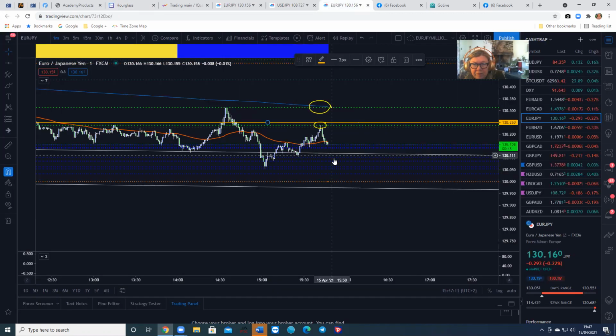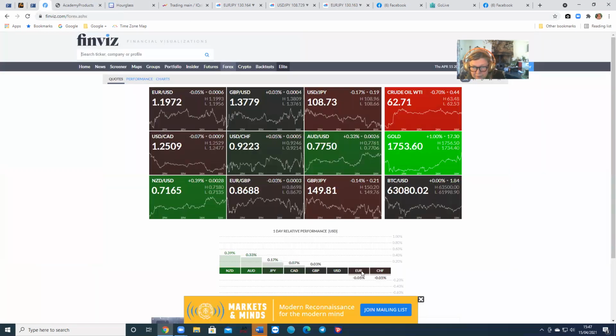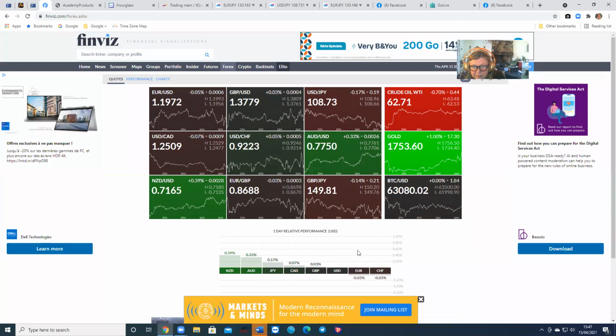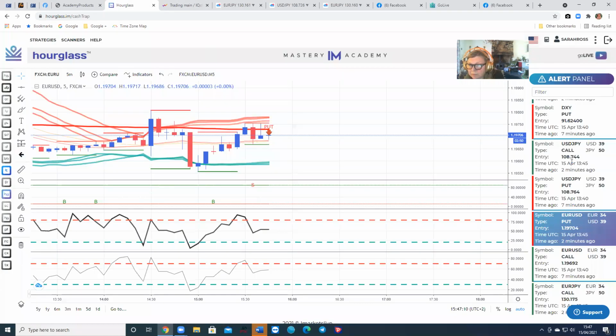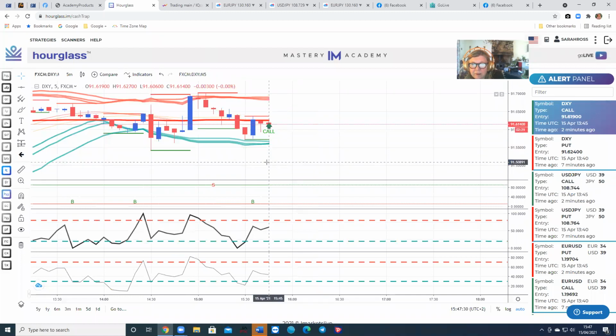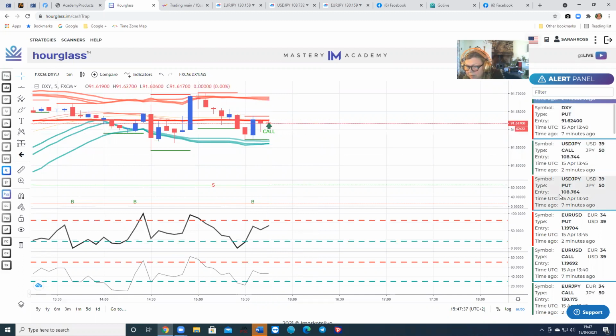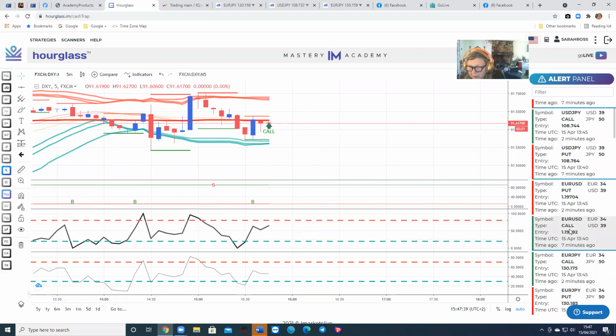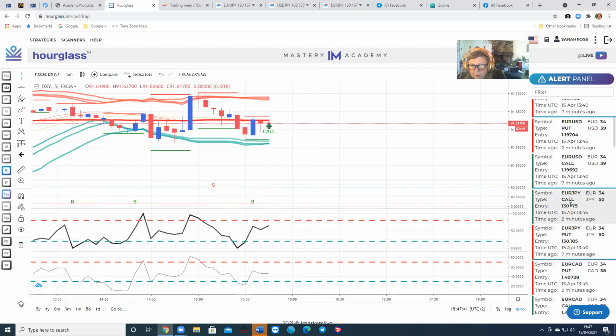So it looks like the euro is weakening. It's one of the weakest, apart from the Swiss franc. And the US dollar says it is now strengthening. But it's just struggling a bit on that midline at the moment. So that's Euro USD and Euro JPY.